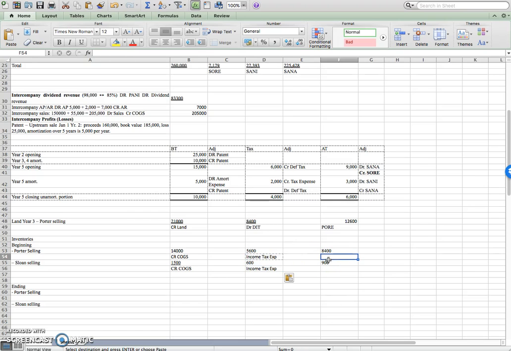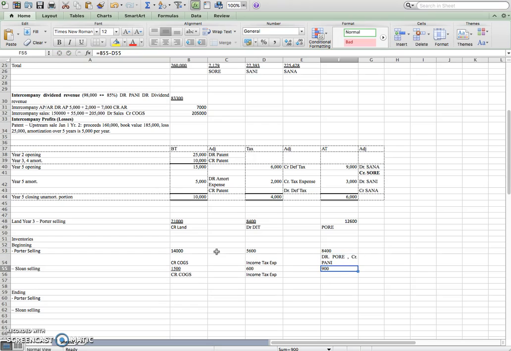Now here is where it gets a little bit different. So when Porter is selling to Sloan, it's a downstream transaction. Therefore, the accounts it's going to impact the most will be PANI and POR. So let's start off with our debits, a debit to POR for the prior transactions, like in prior year, and then we are going to do a credit to PANI for the current year impacts.